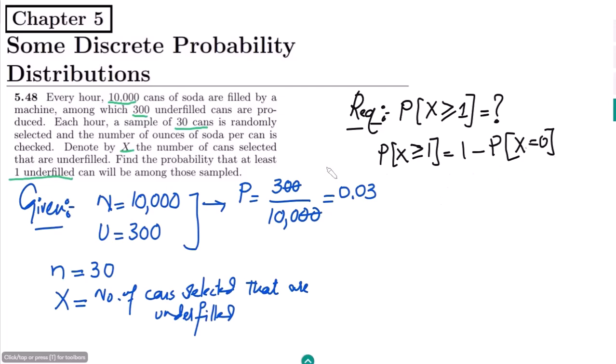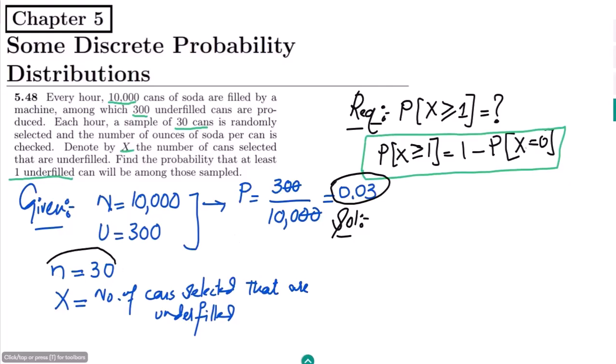Solving it, we can clearly see that it is a binomial probability problem where the probability and the number of items selected are given. So P of X greater or equal to 1 is 1 minus the probability of X equal to 0.